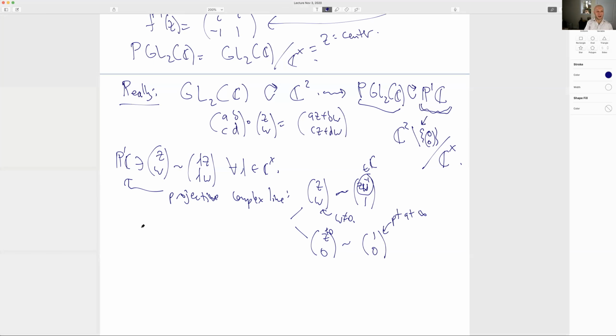So this projective line is exactly the same thing as C adjoin a point at infinity, which is exactly the same as the Riemann sphere. This North Pole is exactly this extra point that we add to the complex plane to turn it into the complex projective line.